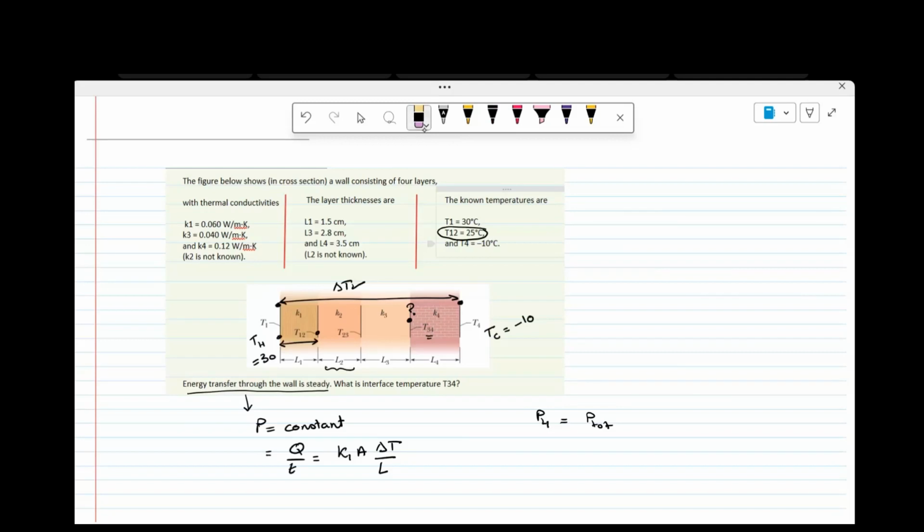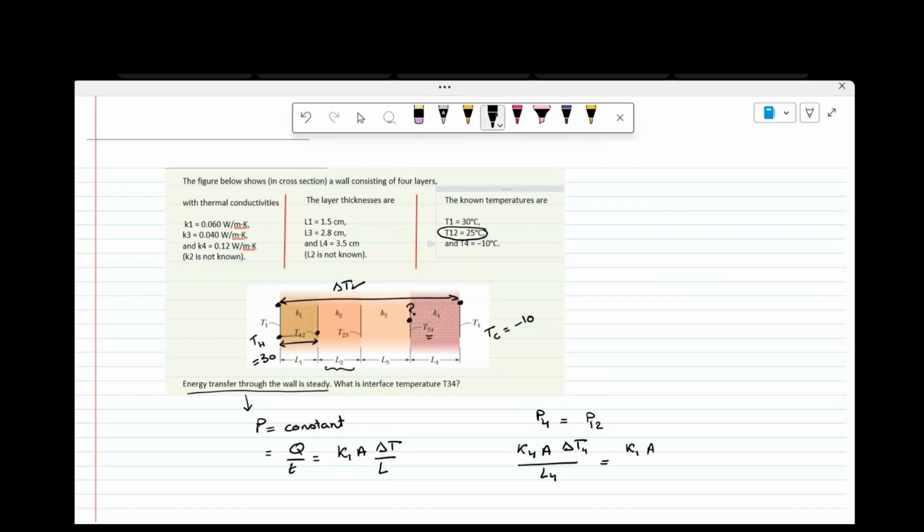And rather than studying P total, I will just take T12. So in that case, I will get K4A delta T across layer 4 over L4 to be equal to, so basically we're studying from 1 to 2, this is layer 1, which has a thermal conductivity K1.